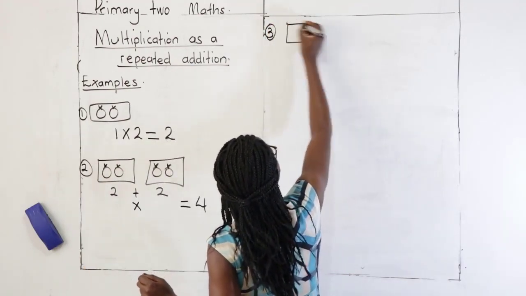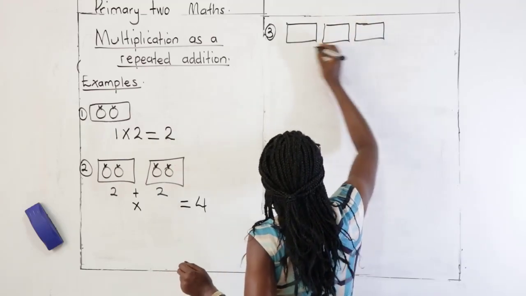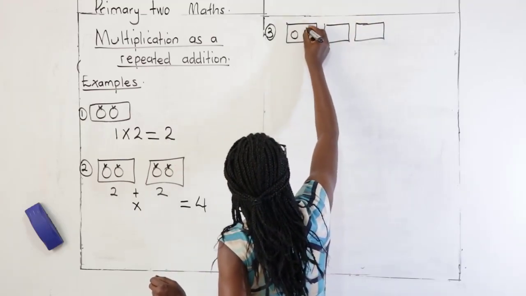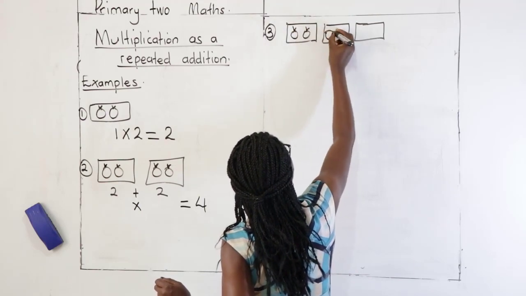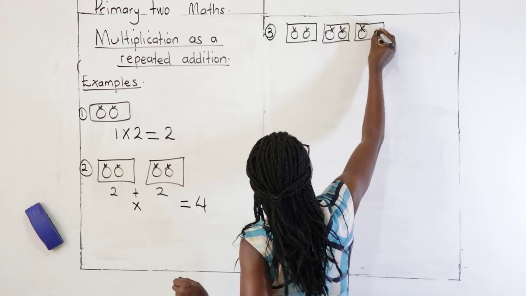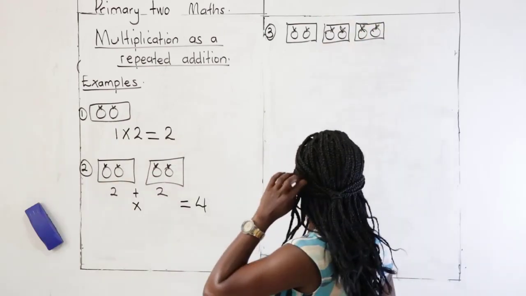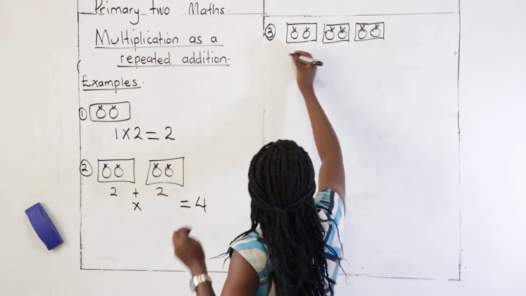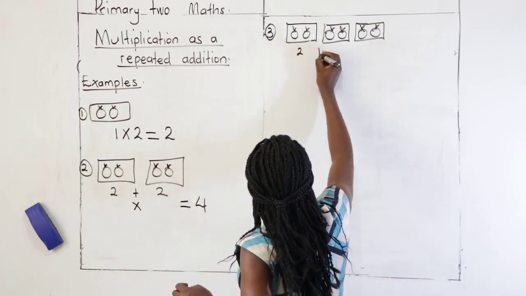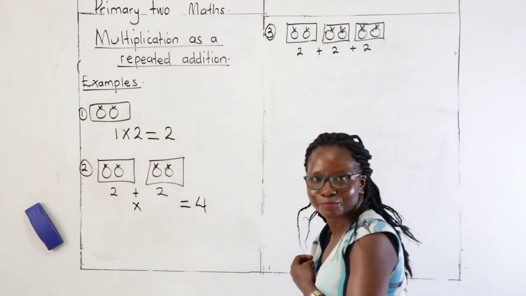Let's look at another group. I have 3 groups here, and each group has 2 apples. So this is 2 plus 2 plus 2.